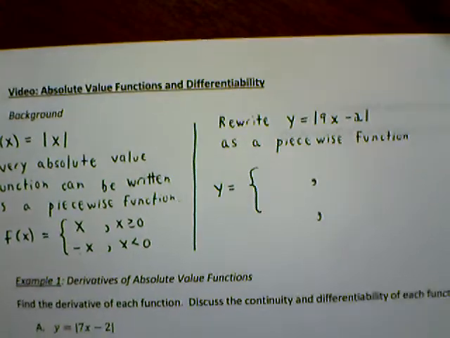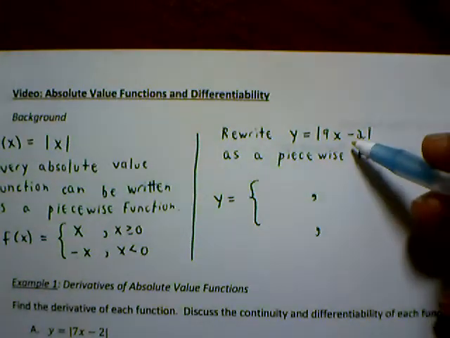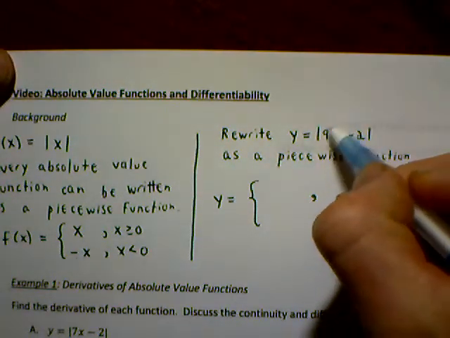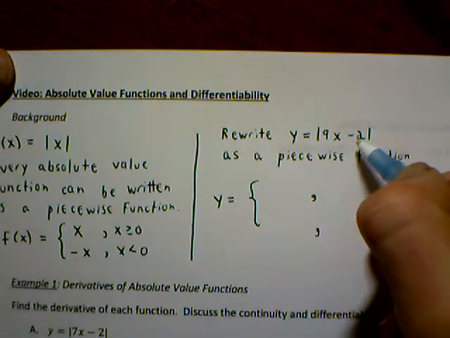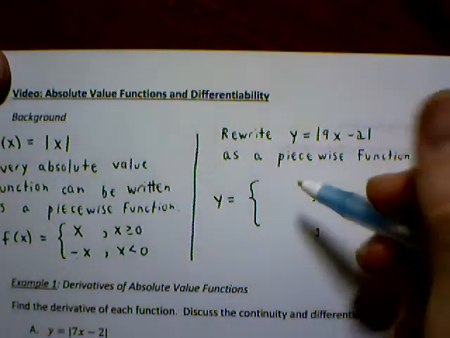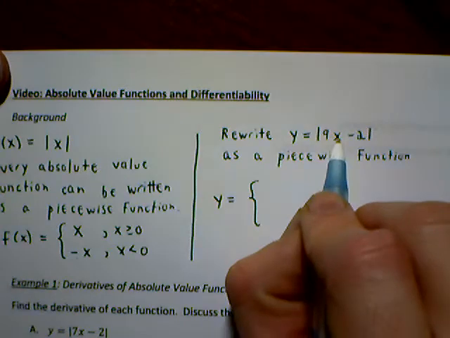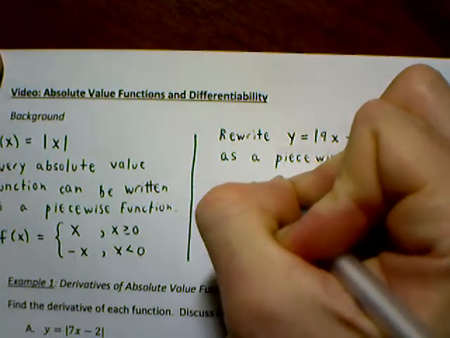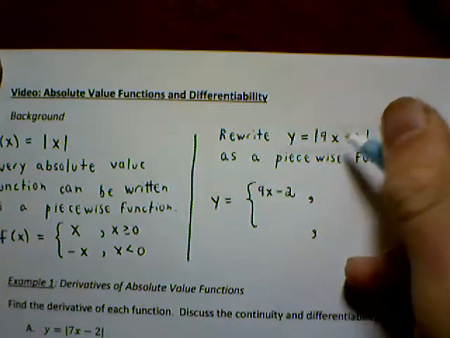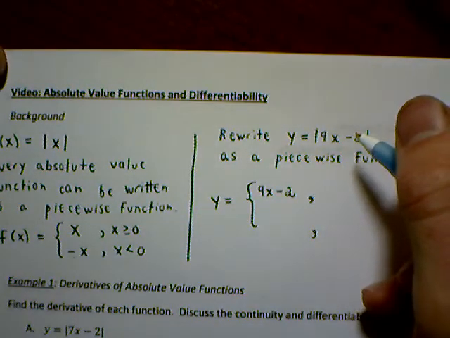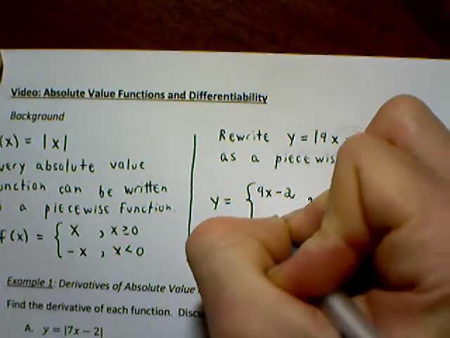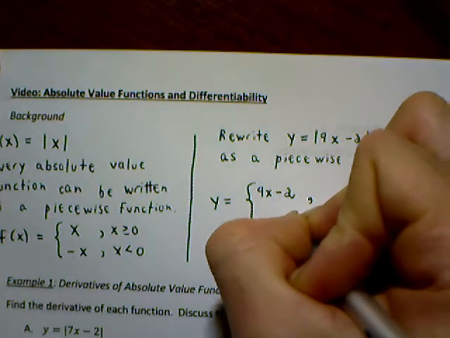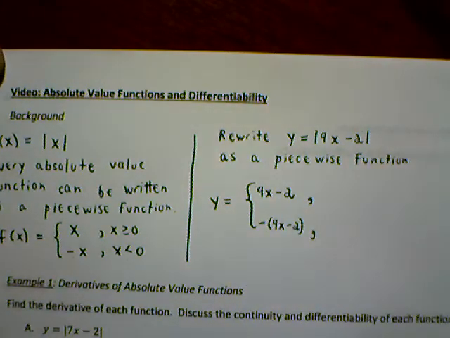What I would recommend doing first is figuring out where the function breaks. My first rule is going to be 9x minus 2. I just take whatever's inside. And my second part is going to be the opposite of whatever that is, so negative quantity of 9x minus 2.